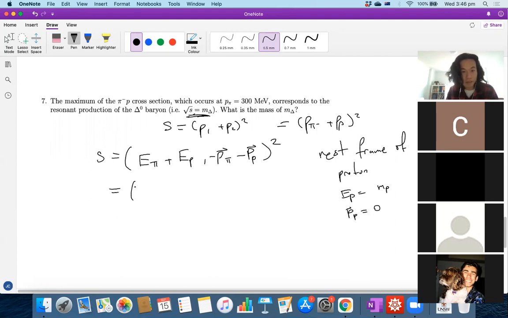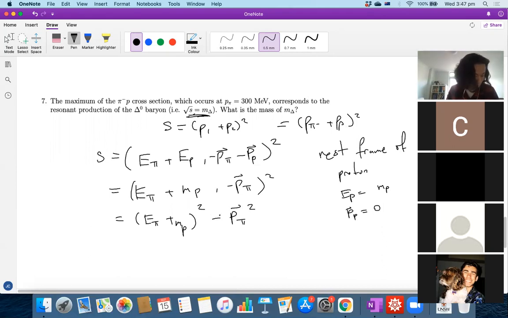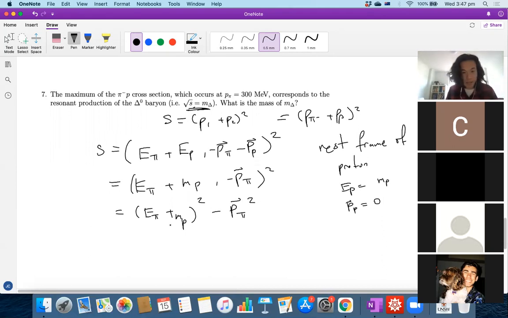We now just have E pi plus MP, and then the pion's momentum, squared. If we expand this dot product, we get (E pi plus MP) squared minus P pi squared, because P pi dotted with itself, you don't have to worry about an angle, is just the magnitude squared.